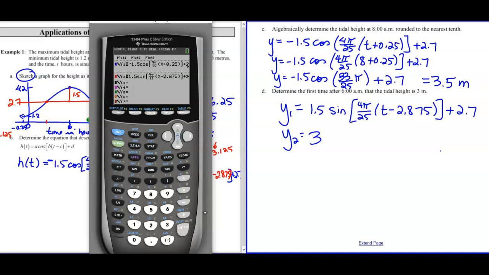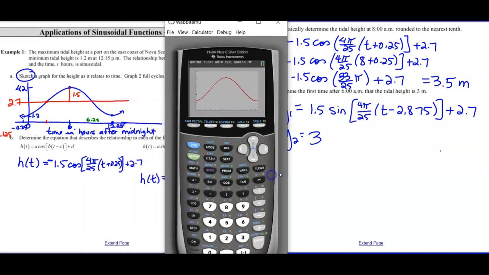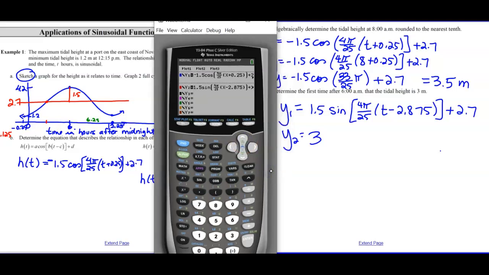We want to just find the first time after 6 a.m., because there's also this time in here that will have a height of 3, but we want it to be after 6 a.m. So we want this one here, the first time after. So I'm going to use sine, well, pretend that's y1 and I'll copy the whole thing out again.